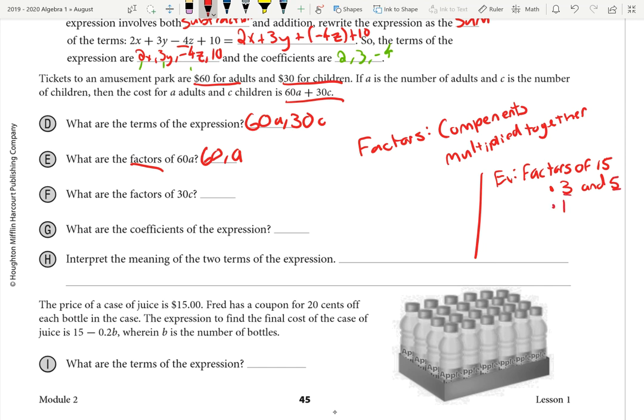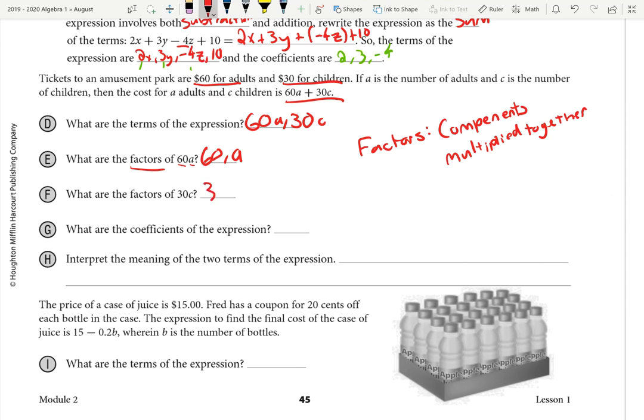You could also say that 15 and 1 are factors as well, because 15 times 1 makes 15. So factors are essentially components that are being multiplied together to create a term. So in this case, this is essentially asking, what components are multiplied together to make 60A? And in that case, it's just 60 times A being multiplied together to make the term 60A. It's kind of straightforward, sort of. So what are the factors of 30C?